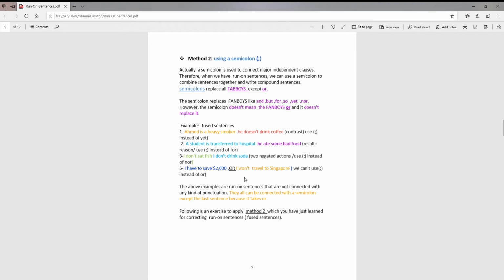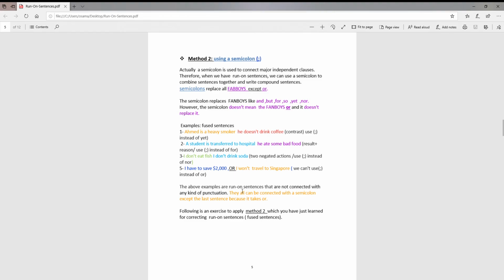Here the semicolon doesn't express alternation, so it doesn't replace "or," and it can't replace "or." So I have to use a comma and "or," and as you see, I used capital letters for "OR" because it is important to notice it here.